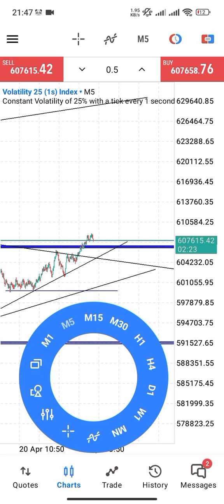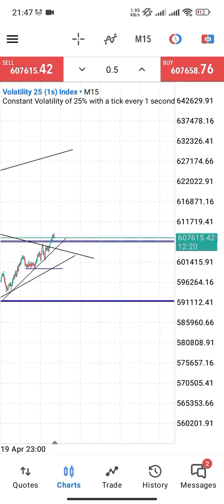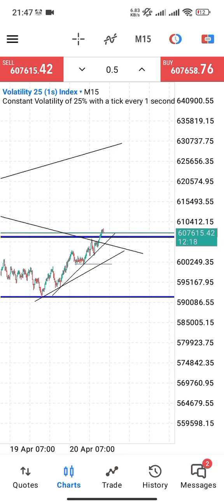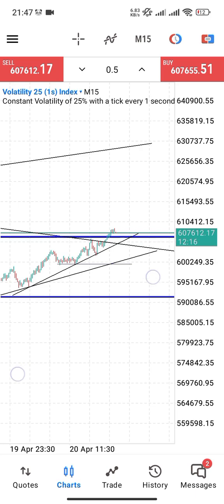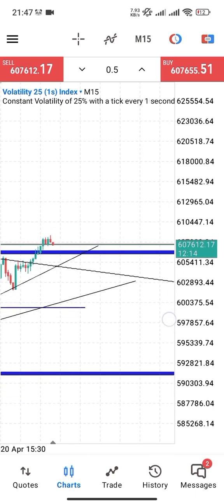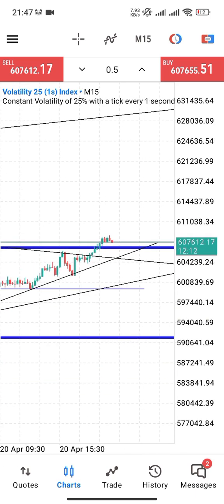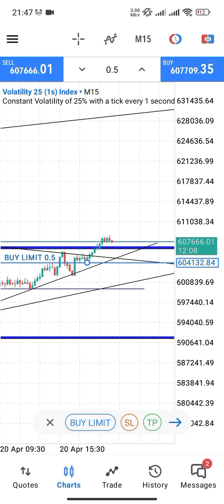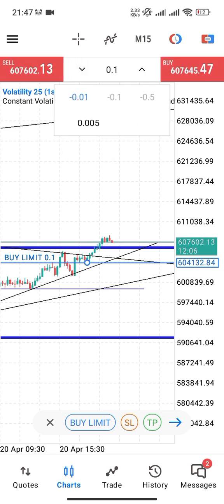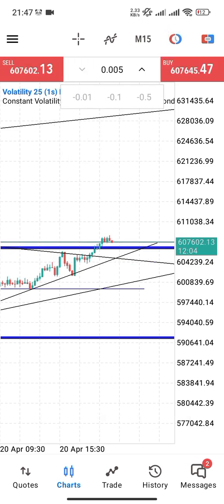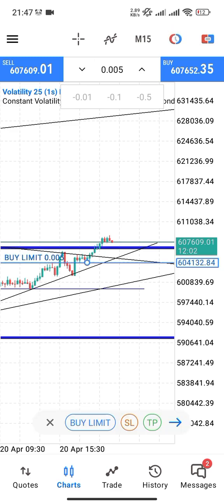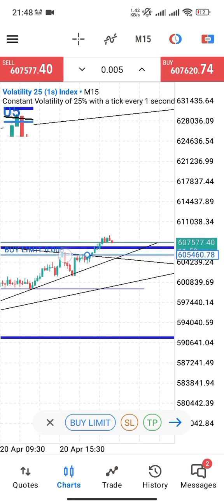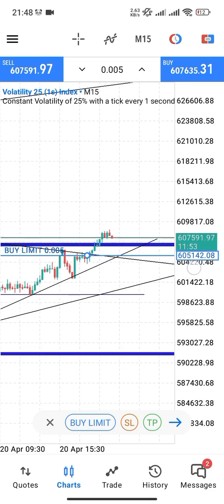So if I should trade now, going to the 15 minutes time frame, the market is showing a buy signal, that's after it is done making the retracement. If I should enter with the smallest lot size, I will deposit my $10 account, and we have a retracement here.